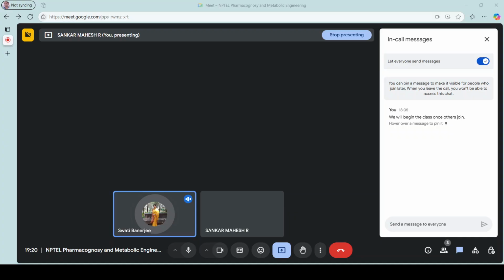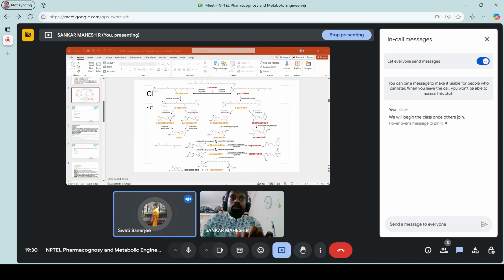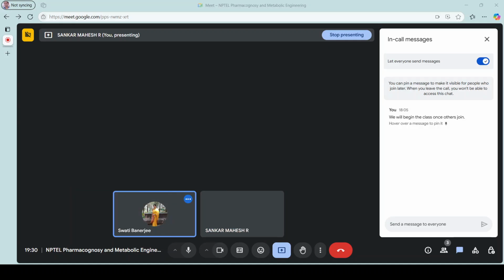Are you getting a hint of the question? Yeah, I got it that alpha carotene is required for lutein. Yeah, alpha is only required, and if alpha has to be produced, you need delta and not gamma.